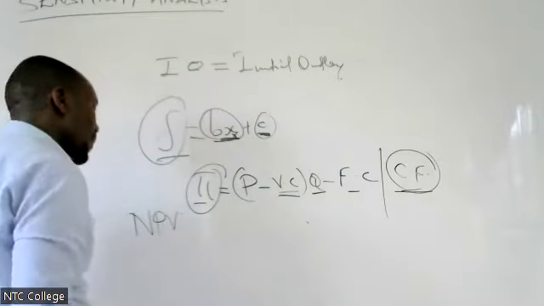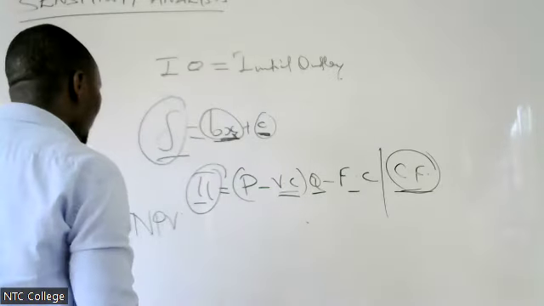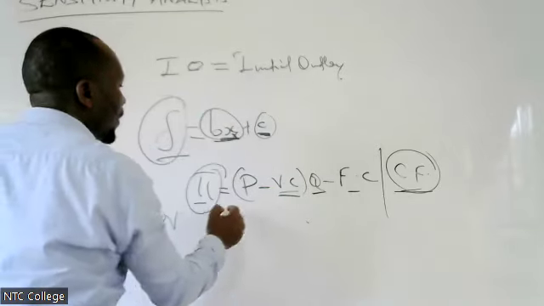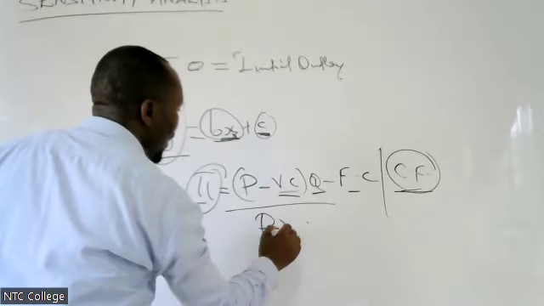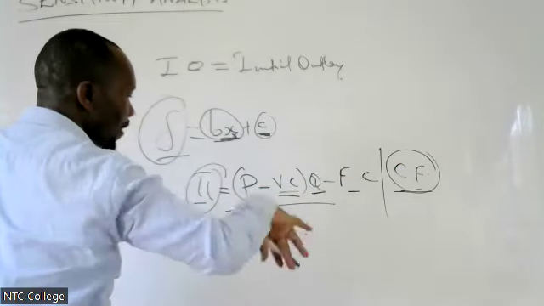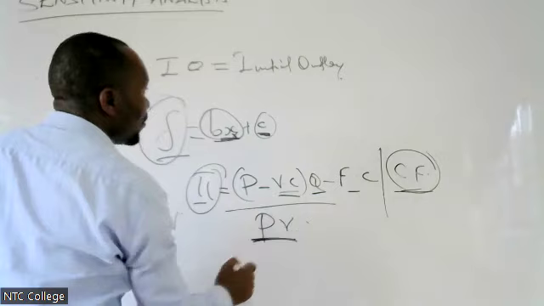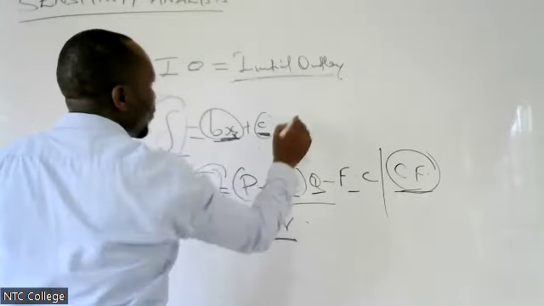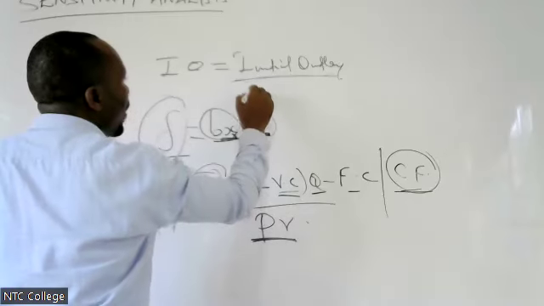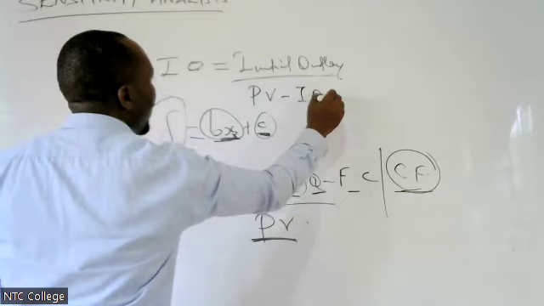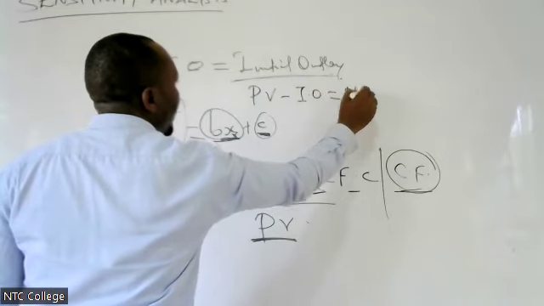When they are discounted, you call them present value. You bring them from future value to present, from future to present. You get their present value. And of course, this IO, the cost of investment, is also in present terms. You now have present value minus IO, and that gives you NPV.